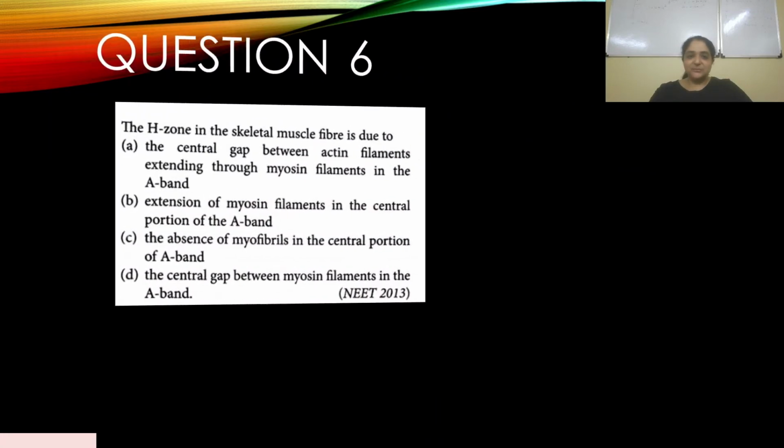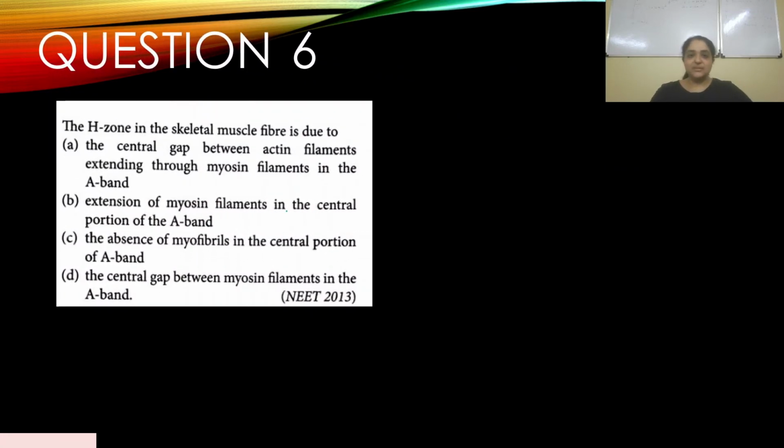Next question. Question number 6. The H zone in the skeletal muscle fiber is due to the, from NEET 2013. Now we're talking about the H zone. Option A, the central gap between actin filaments extending through myosin filaments in the A band. B, extension of myosin filaments in the central portion of the A band.